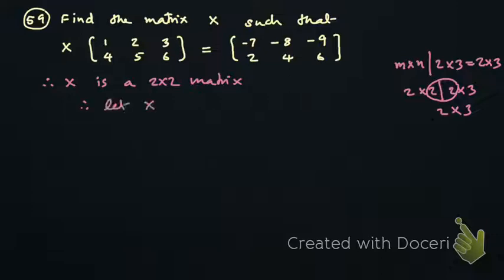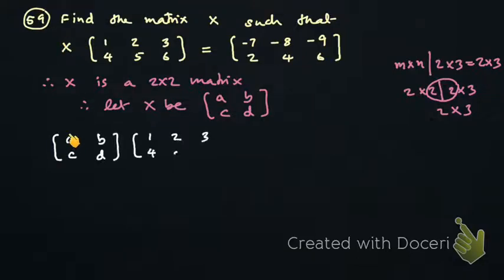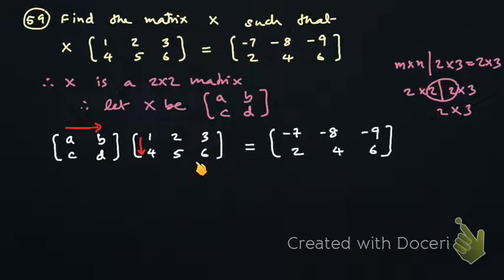And if X is a 2 by 2 matrix, I'll say let X be A, B, C and D. So I have assumed the matrix X as A, B, C, D. I'm going to go back to this equation and replace the unknown matrix X by the assumed matrix A, B, C, D. So I'll write X matrix as A, B, C, D into the next matrix 1, 2, 3, 4, 5, 6, is equal to the right hand side matrix -7, -8, -9, 2, 3, 6, which I copied here.